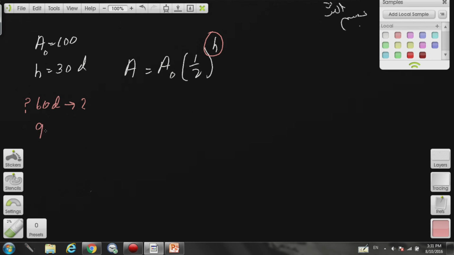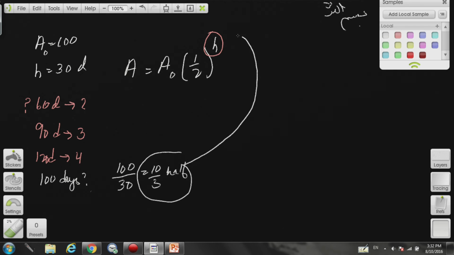If I said, how about 90 days? Well, that's 3 half-lives. How about 120 days? Well, that's 4 half-lives. How about 100 days? Well, that's going to be 100 divided by 30, which is 10 over 3 half-lives.